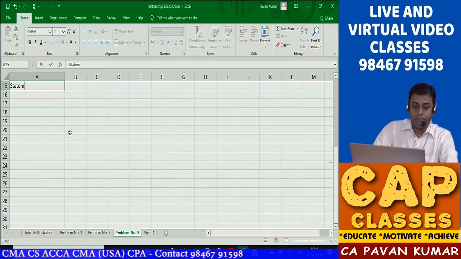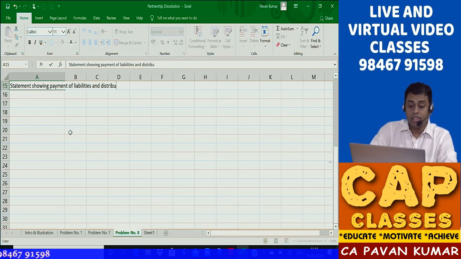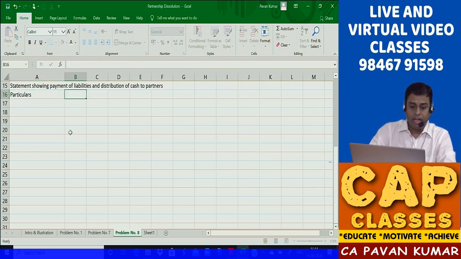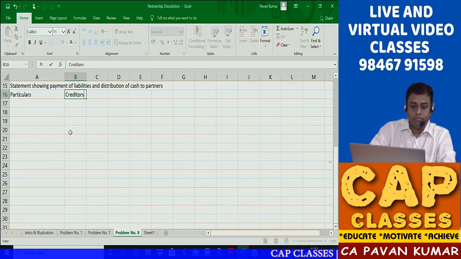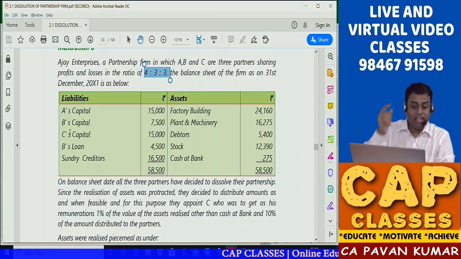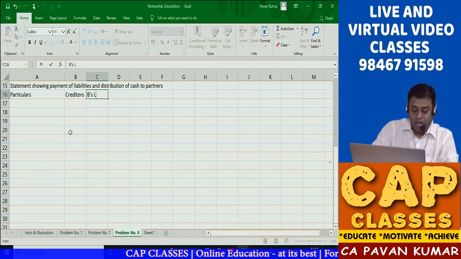Statement showing payment of liabilities and distribution of cash to partners. Particulars: the first one is sundry creditors, outsiders first. Next one is B's loan, sorry, not partner's capital, partner's loan.